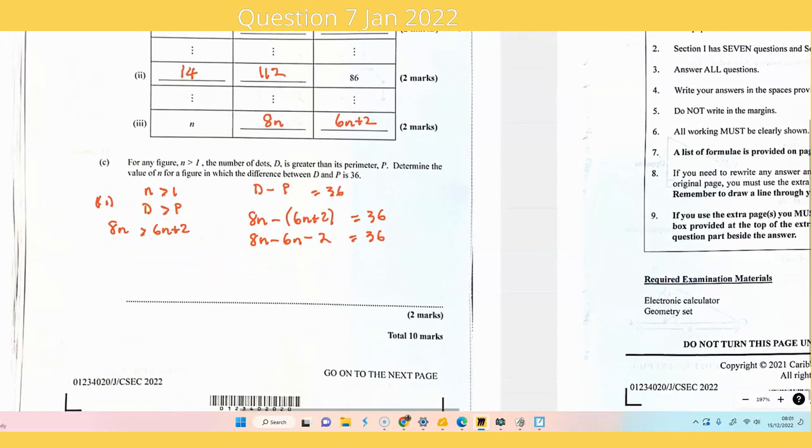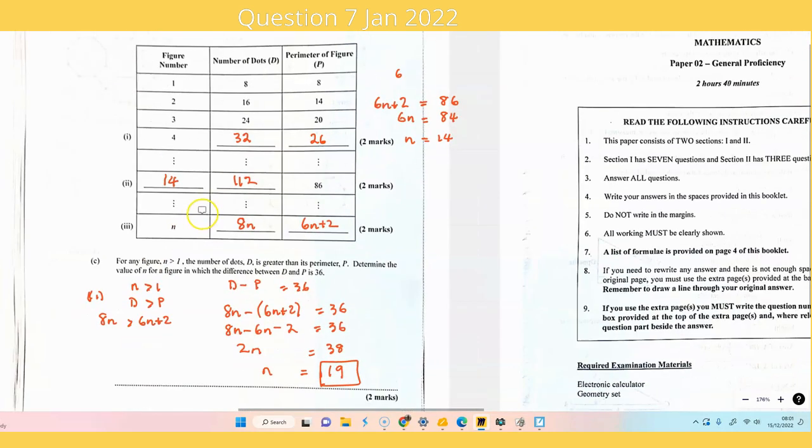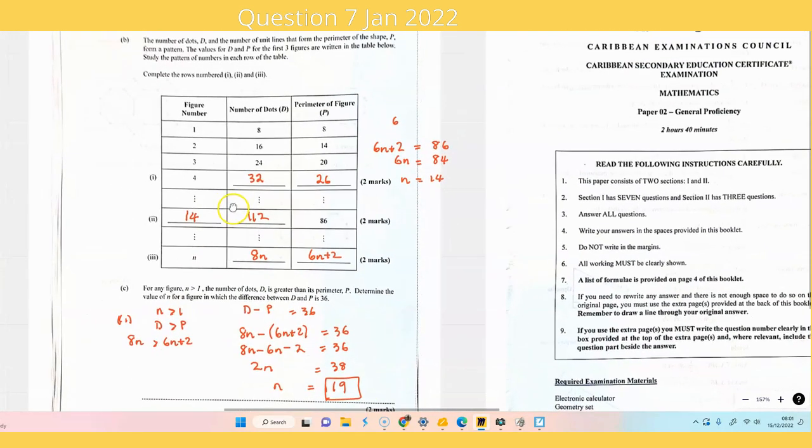Upon simplifying this, what we get is 2n is equal to, you add 2 to both sides as well, so that's 38. So divide both sides by 2, so n equals 19, and that's the value of n. So here ends question 7. So that's question 7.